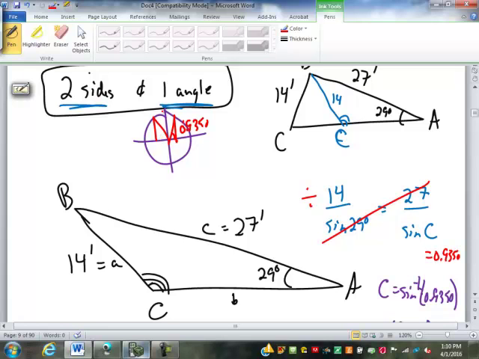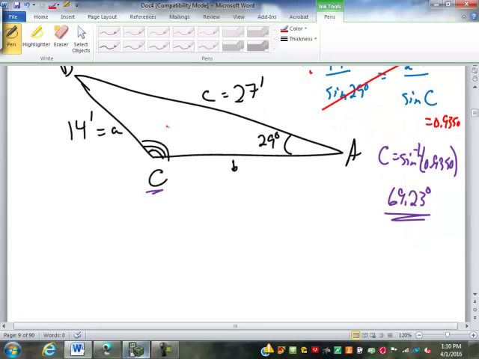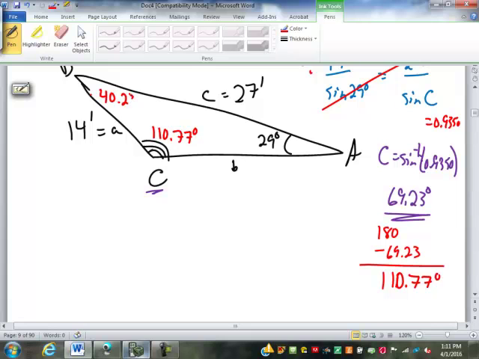And those two angles are supplements. So we have to do the supplement of 69 degrees, which is going to be 110.77 degrees. So angle C is 110.77. Now we can find B up here, which is going to be 40.23 degrees. We just subtract them from 180. Now you can find side B. Make sense?